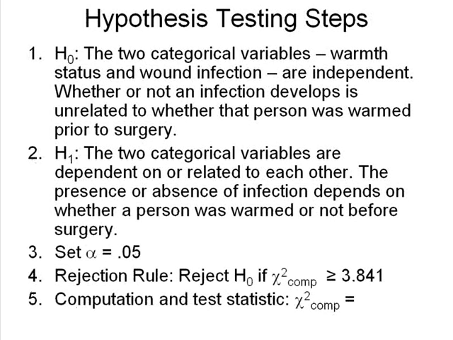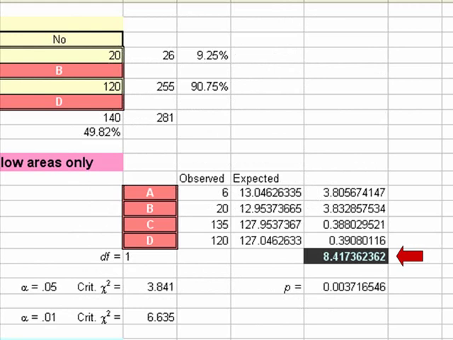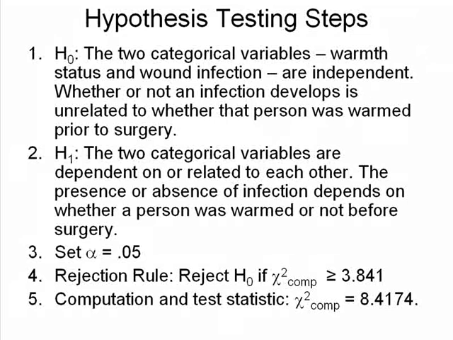Step 5, we just put computation of test statistic colon chi-square comp equals, and we can also find what that equals on our spreadsheet. That's in the darkened cell, the black cell. So 8.4174 is what that rounds to. So we'll take that number and put it here, 8.4174.